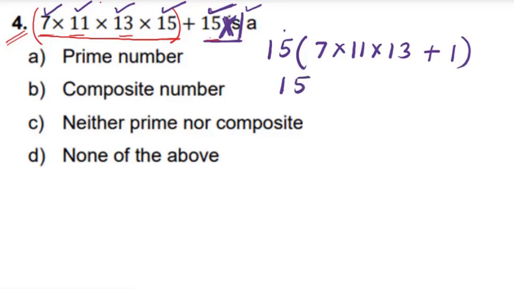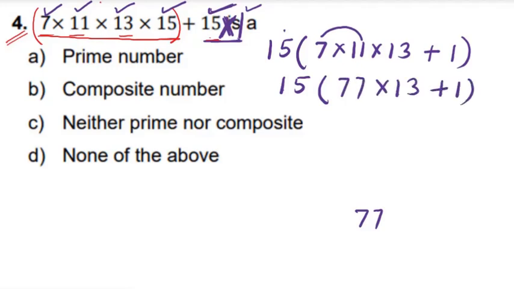Now 15 into, here 7 into 11 is 77. I'm writing 77 into 13 plus 1.